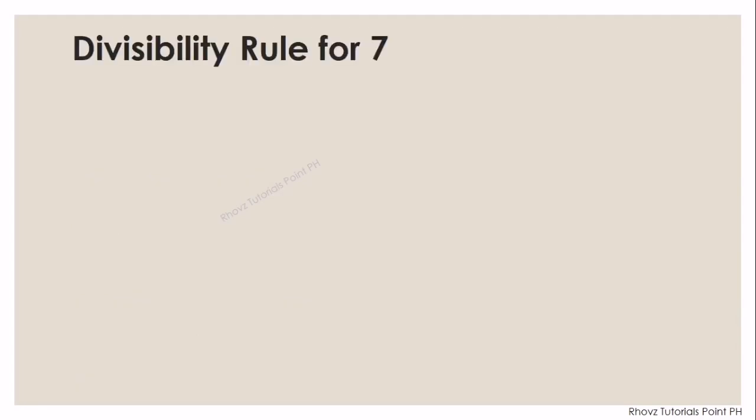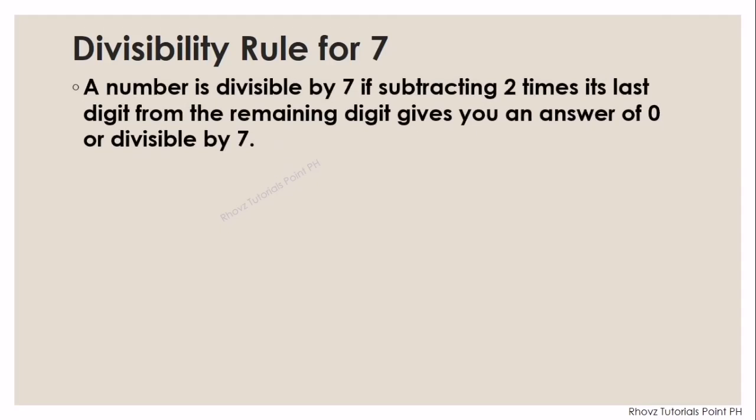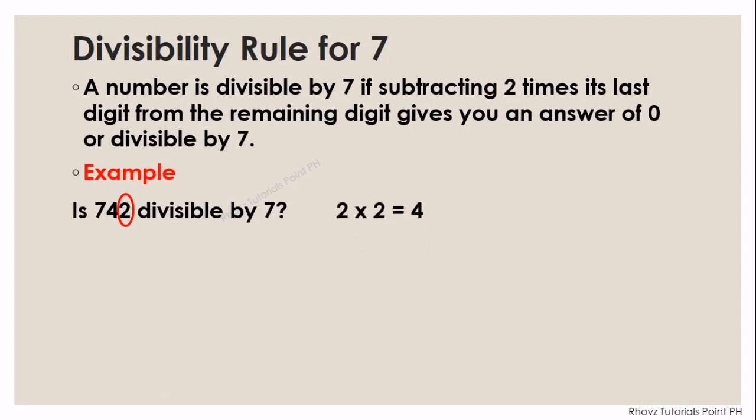Next, divisibility rule for number 7. A number is divisible by 7 if subtracting 2 times its last digit from the remaining digits gives you an answer of 0 or divisible by 7. Okay, let's see. 742. Sabi niya, yung last digit daw, i-multiply natin ng 2. So, the last digit is 2 times 2, so, 4.